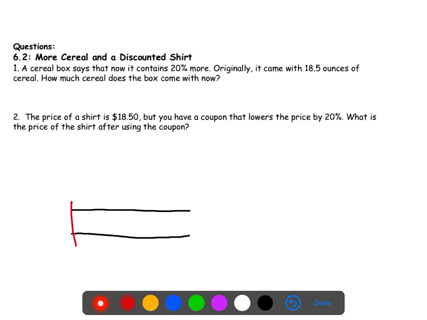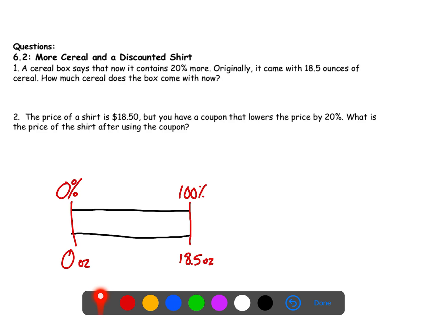What we're doing is representing the starting amount, which would be 0 ounces and 0%, since today we're talking about percentages. And then on the other end, we'd be talking about what it used to come with, 18.5 ounces. And that would, of course, be 100%, all of the cereal box.